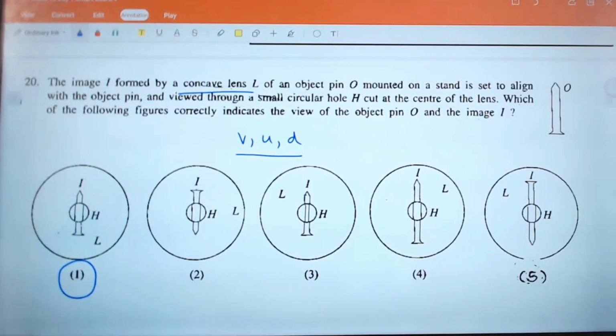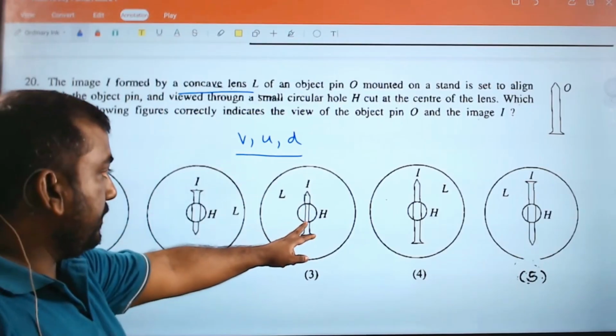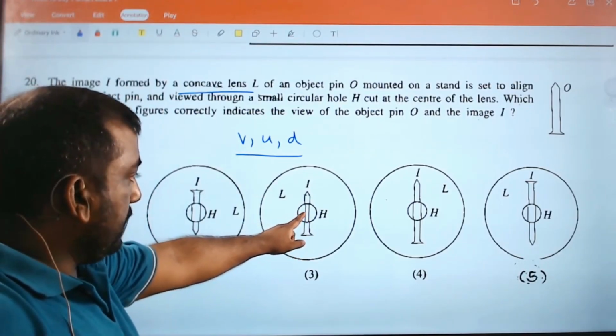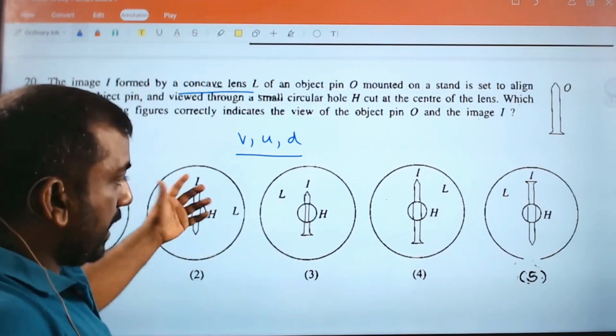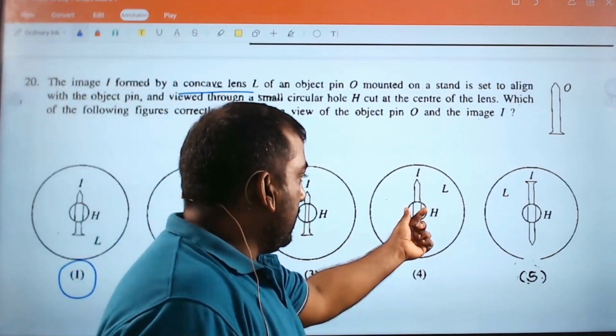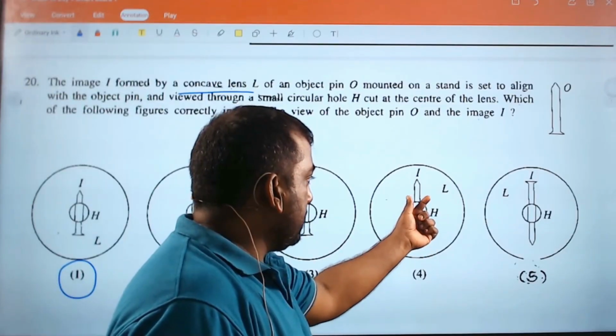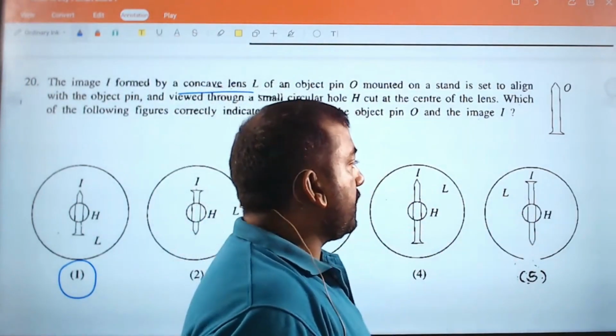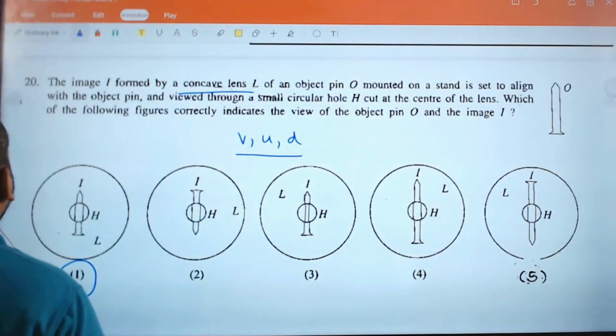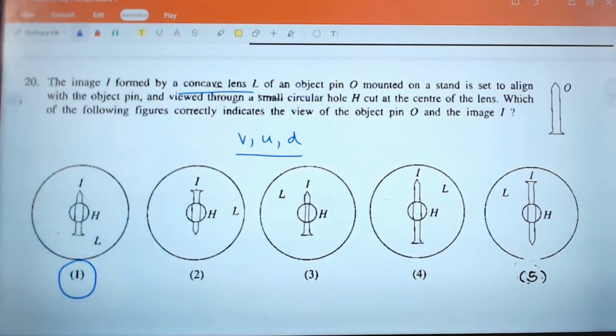Correct answer is going to be... all the others. This is the object. Object should be normal size. It can't invert. This is slightly diminished. Actually, it's diminished by a lot. Right. So here, correct answer is answer number 1.